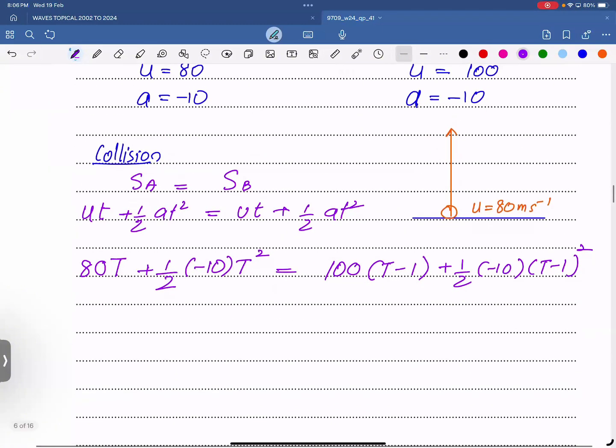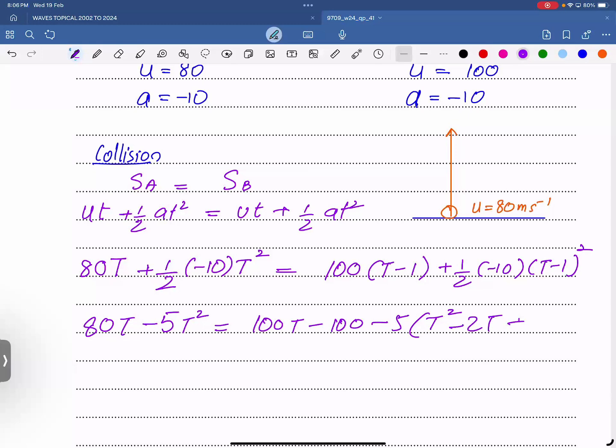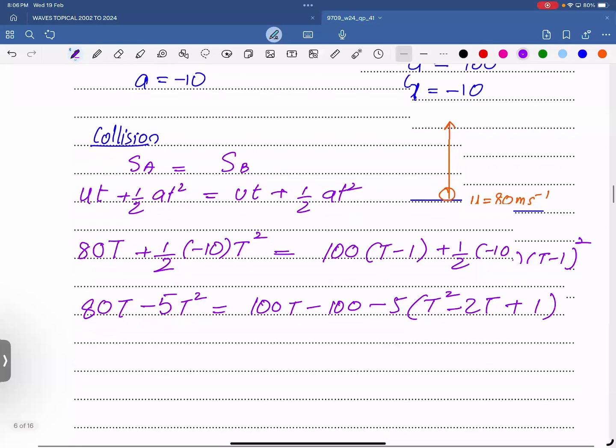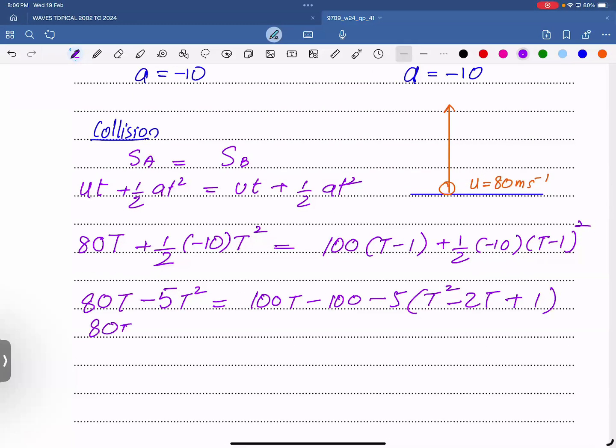This will help us, my dear. So 80t minus 5t square equals 100t minus 100 minus 5 times (t square minus 2t plus 1). Okay, we can simplify further. 80t minus 5t square equals 100t minus 100 minus 5t square plus 10t minus 5.